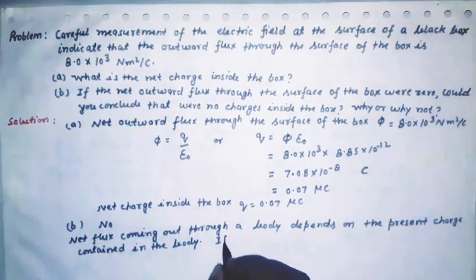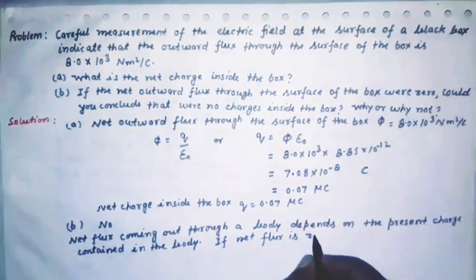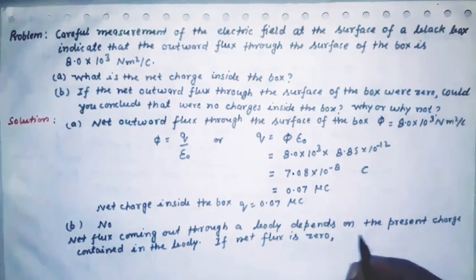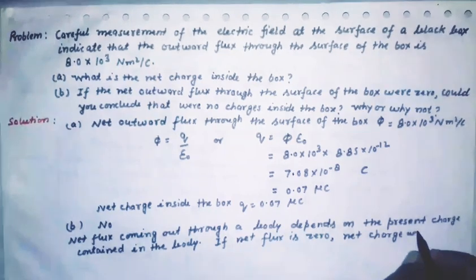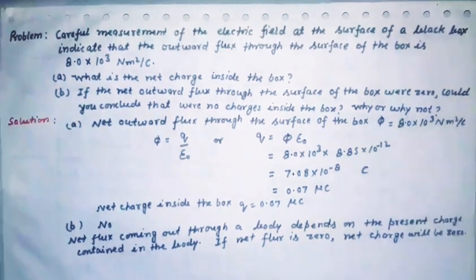If the net flux is 0, this means the net charge will be 0. Or in such a case we may conclude that the body has positive and negative charges that are the same.